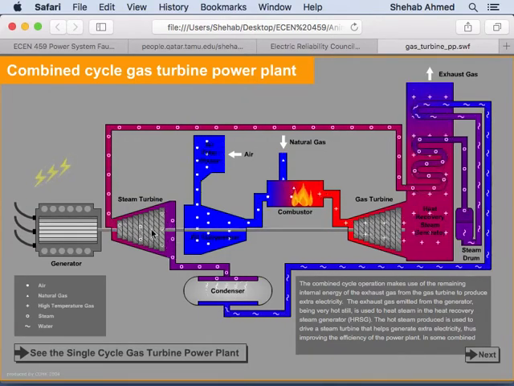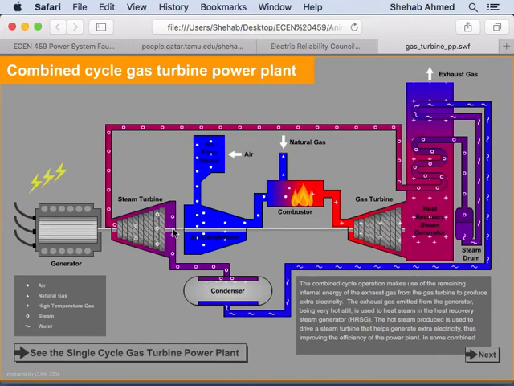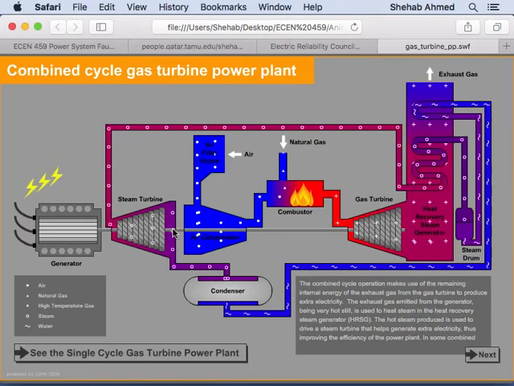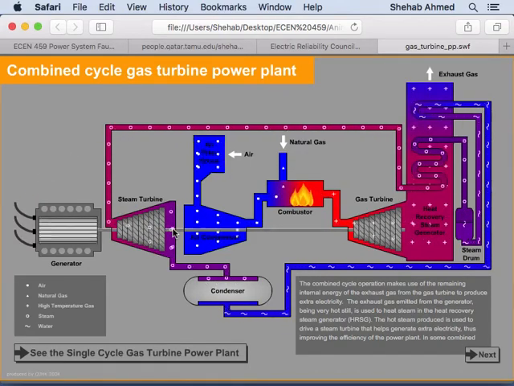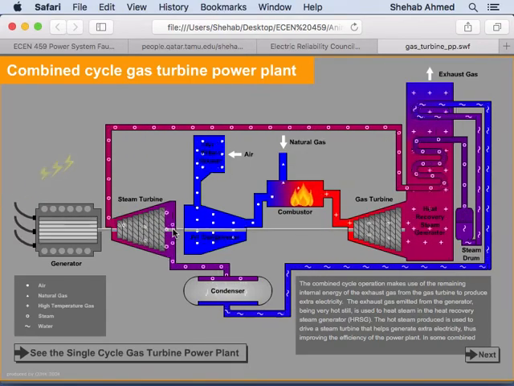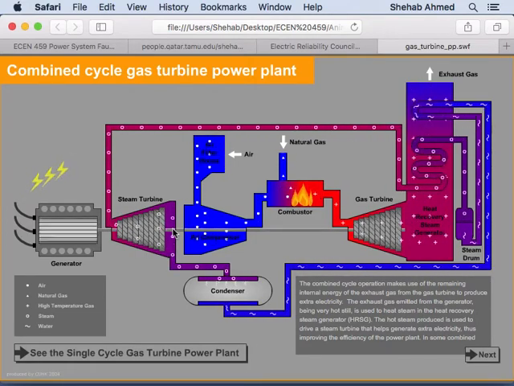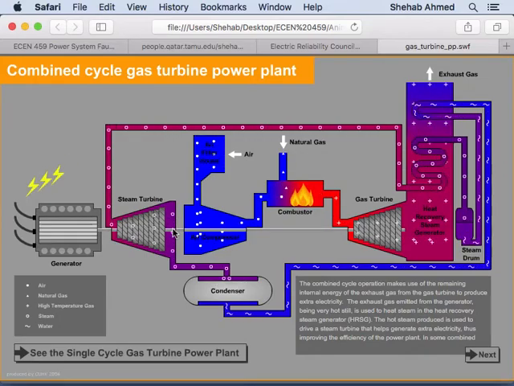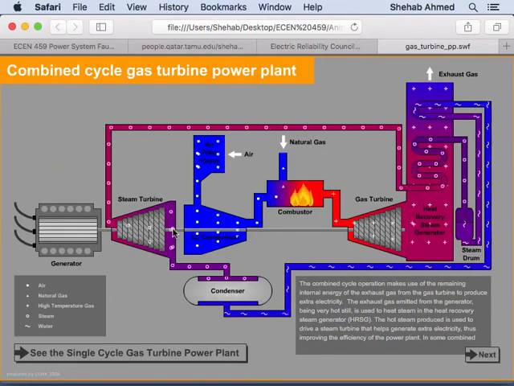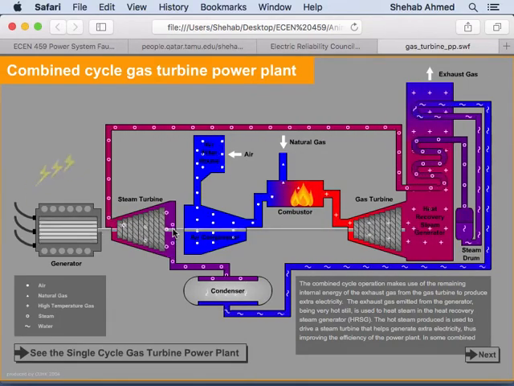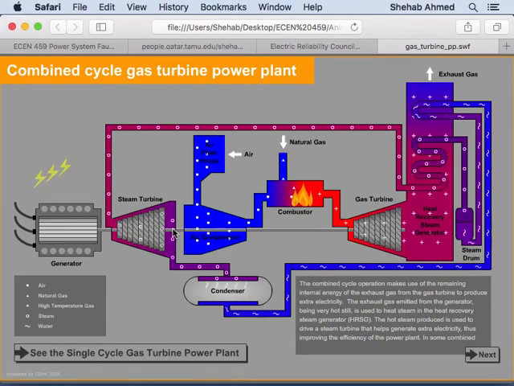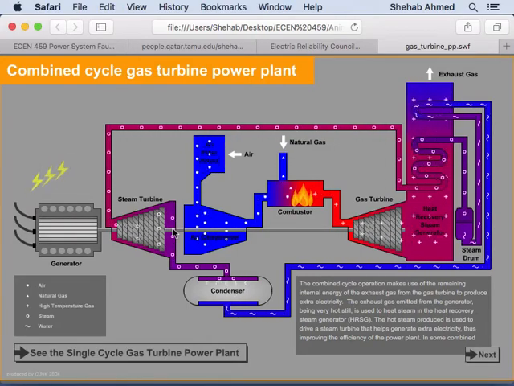So the steam goes to the steam turbine, and the temperature and pressure of the steam are what drive the turbine, right? At the end, the steam will come out, but it lost its energy.